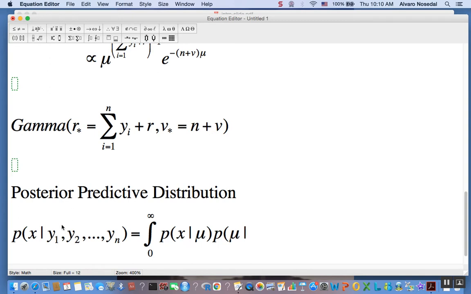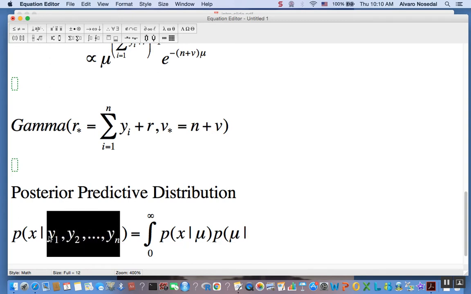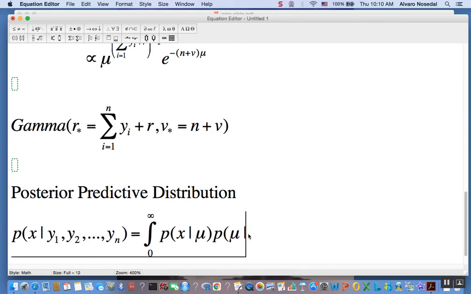Again, you could have a sample of size 1 or bigger, a single observation or more observations.